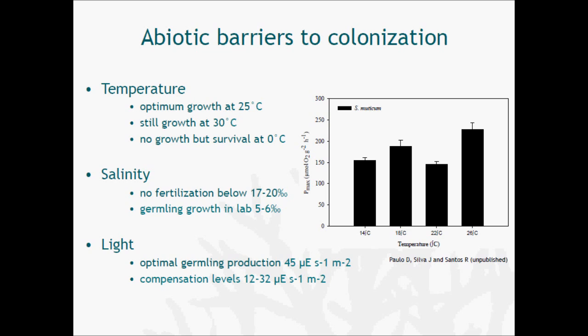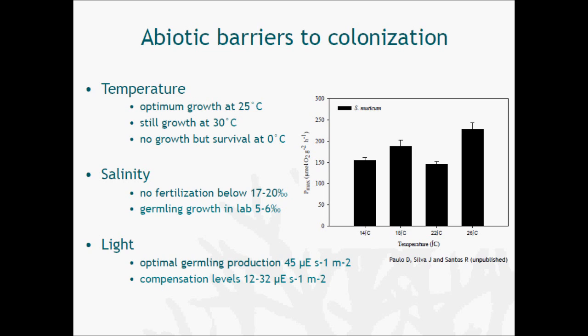We know that Sargassum muticum is very good at a wide range of temperatures. For example, here we tested some photosynthetic parameters. Maximum photosynthesis from 14 to 26 degrees is practically the same. So it's fantastic: in a 12 degree range of temperature, photosynthesis, no problem.